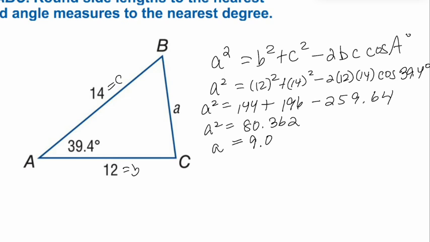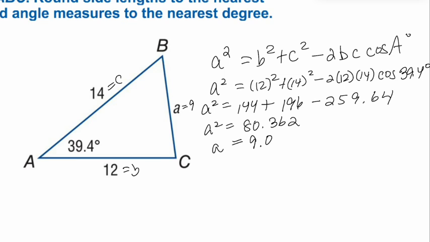Now, of course, you could just write 9, but they said to the nearest tenth, so I'm just showing the tenth spot. Now, we have a cross pair. If we know that that's 9, we now have a finished cross pair. You never have to use the law of cosines twice. You only ever have to use it once.